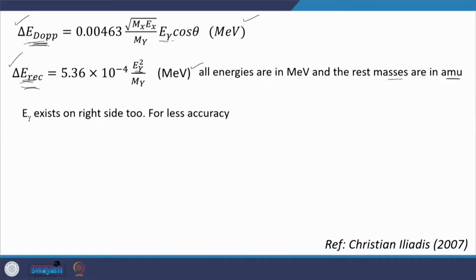So, if we are okay with some kind of less accuracy, then we can write down the expression for E gamma as simply the sum of the first two terms in the expression, that is Q value and the energy in the center of mass system, alright. But if you want better accuracy, then what is to be done?